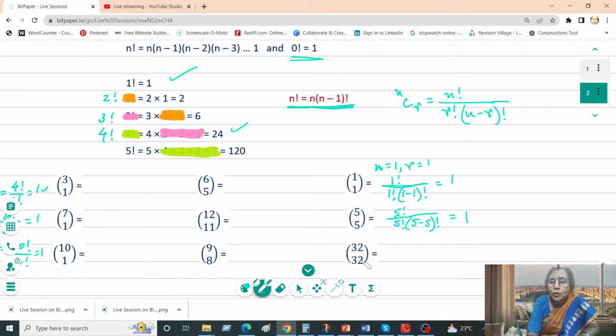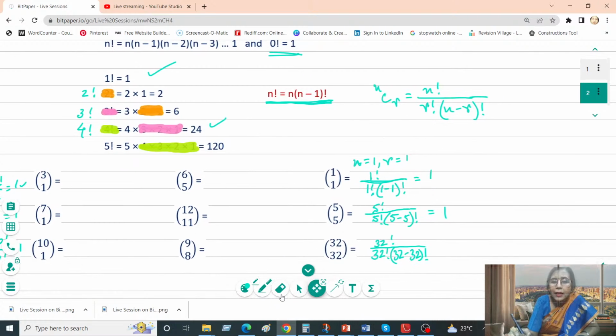Similarly, for 32C32, it is 32 factorial over 32 factorial and 32 minus 32 factorial, which is again equal to 1, because 32 minus 32 is 0, 0 factorial is 1, and 32 factorial over 32 factorial is 1.